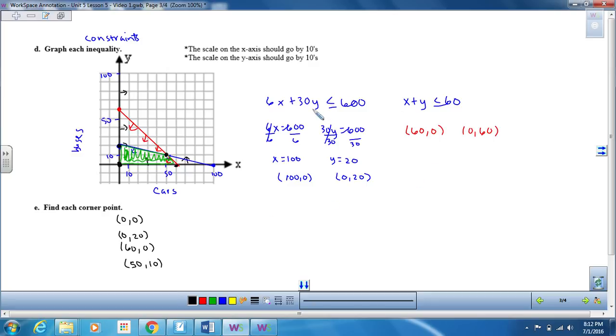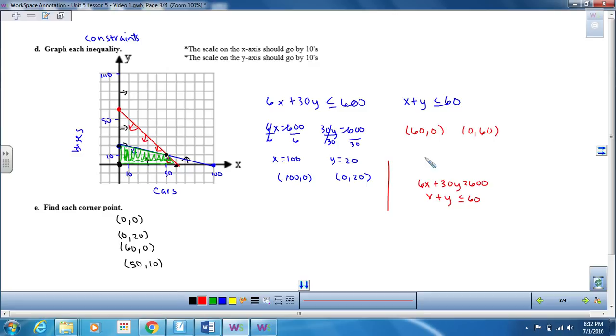So what I'm going to do is that this corner point comes from these 2 lines that I graphed here in the blue and the red. I need to solve that system. So I'm going to write that as an equation. I'm just writing them as equations. Okay.